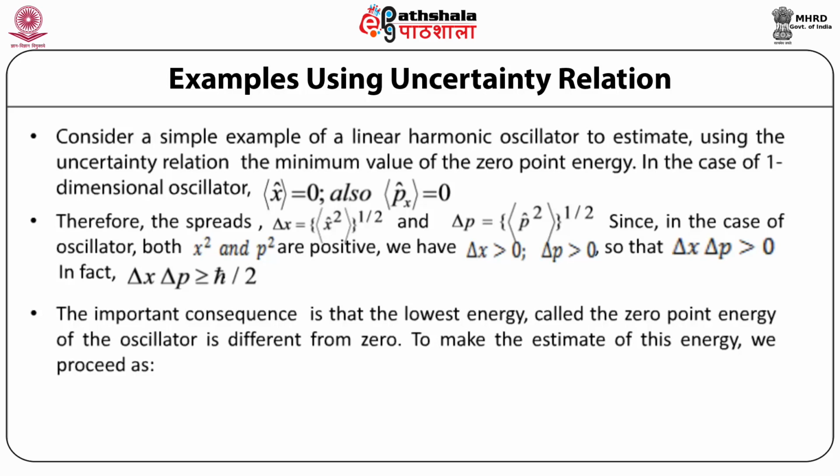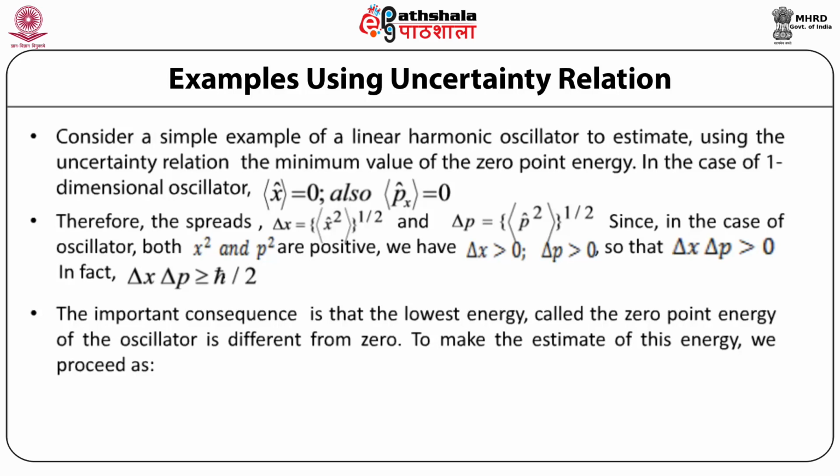Since both the expectation value of x and the expectation value of px are 0, in the case of a simple harmonic oscillator in one dimension, both x square and p square are positive, and thus we have that delta x is greater than 0 and delta p is also greater than 0, so that the product of delta x and delta p is greater than 0. In fact, we can see that the product of delta x and delta p is greater than or equal to ħ by 2.